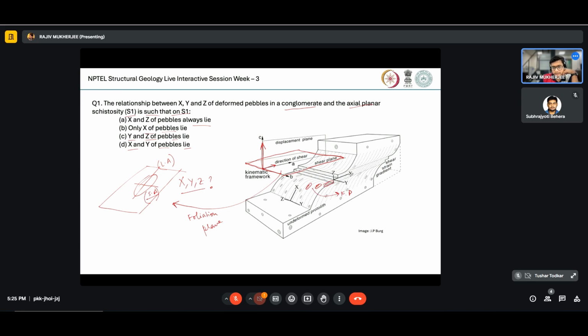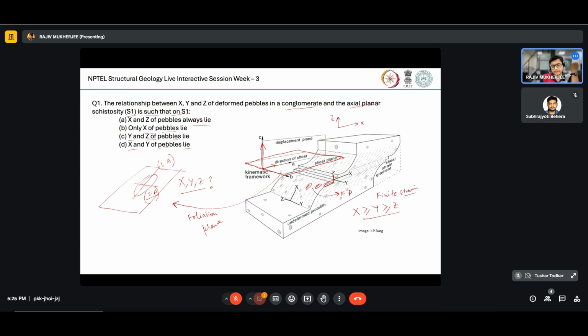Now if you follow, the general rule of thumb is that the displacement plane will always contain x and z, and in a kinematic framework we always assign x greater than or equal to y greater than or equal to z for finite strain, right?